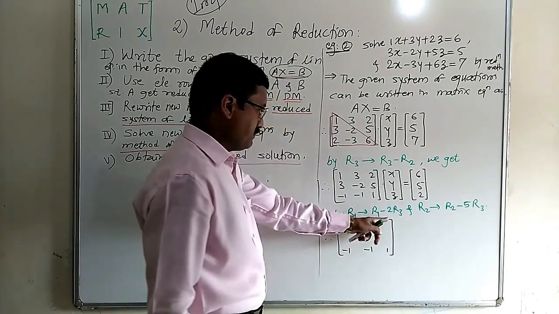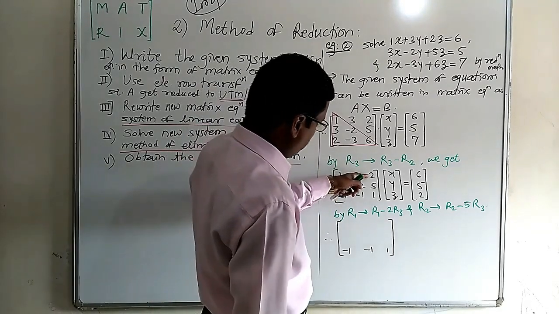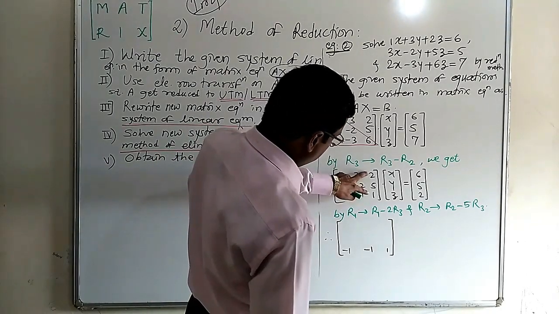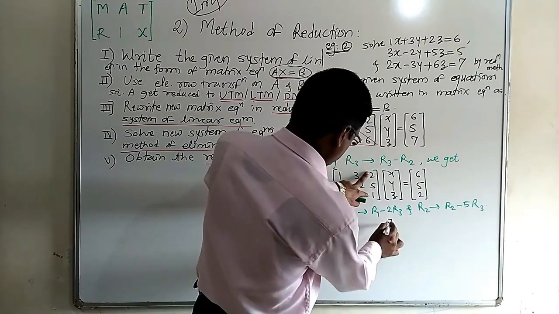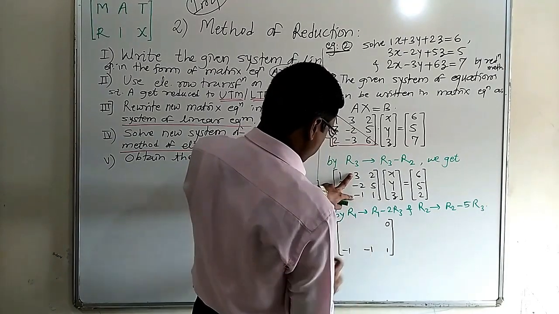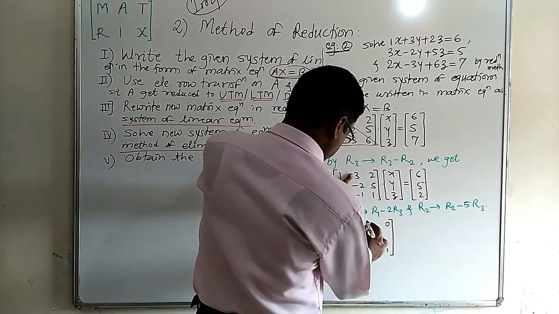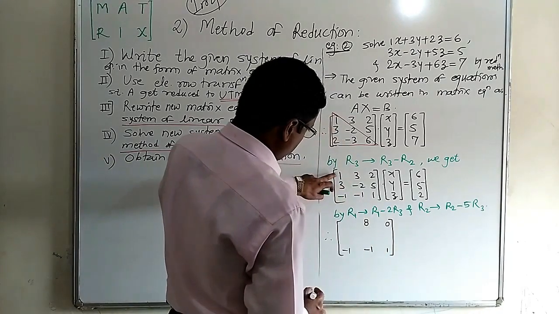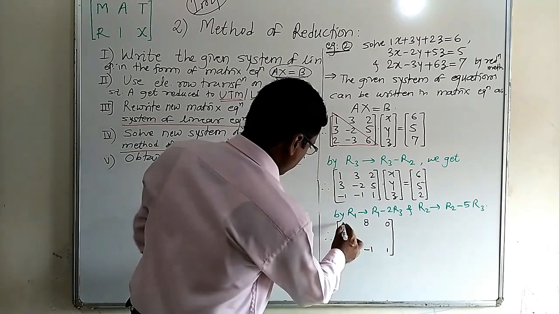In R1, minus twice of R3, so we get here 0. This minus twice of this, minus minus plus, so 3 plus 5, that is 8. Here this minus twice this, so plus 2, so we get 3.